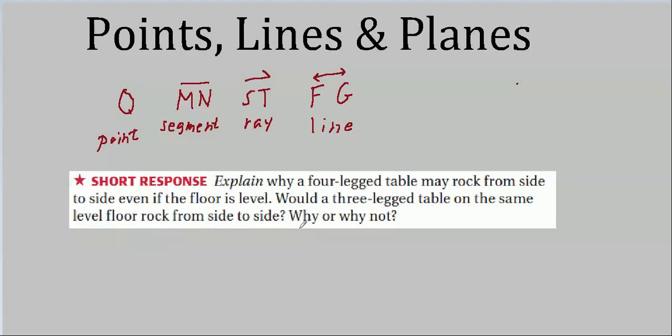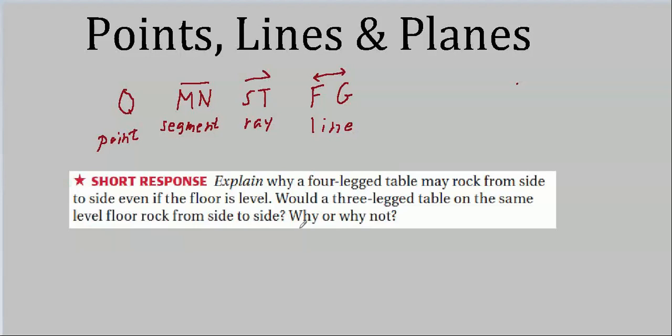3 points always lie in the same plane, which means no matter how uneven the ground is, if you take a tripod and set it down, it will be stable, because the endpoints of the 3 legs will always lie in one plane. They are always coplanar. By definition, they have to be.